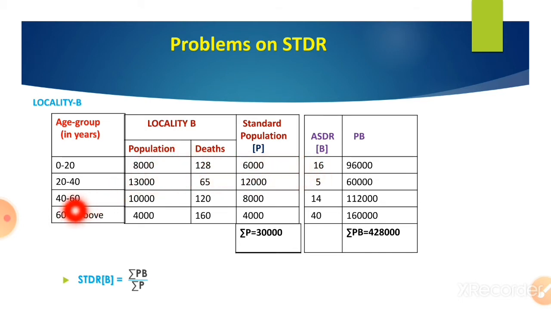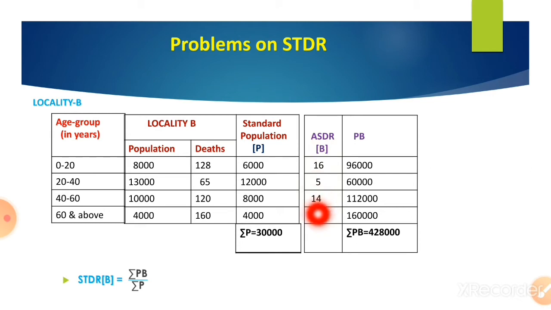Next, ASDR for the age group 20 to 40 is 65 divided by 13,000 into 1000, which is 5. Next, ASDR for the age group 40 to 60 is 120 divided by 10,000 into 1000, which is 14. Next, ASDR for the age group 60 and above is 160 divided by 4000 into 1000, which is 40. So these are the ASDR values of locality B.